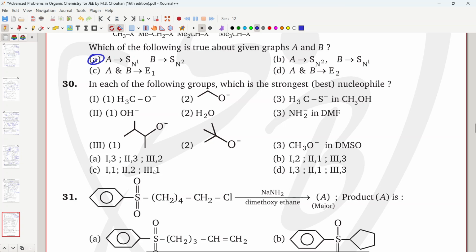In each of the following groups, which is the strongest or best nucleophile? So first, we have to compare CH3O minus, C2H5O minus, and CH3S minus in MeOH, for 1.